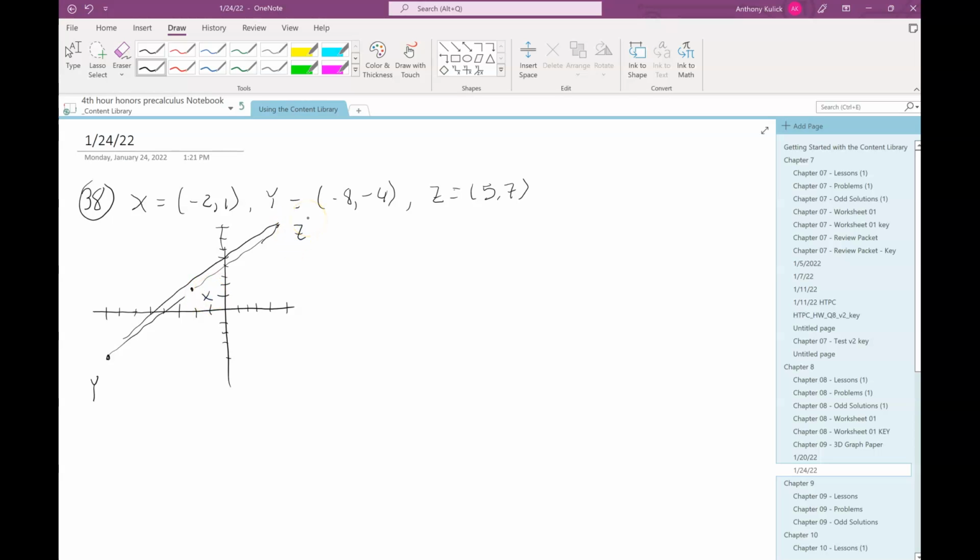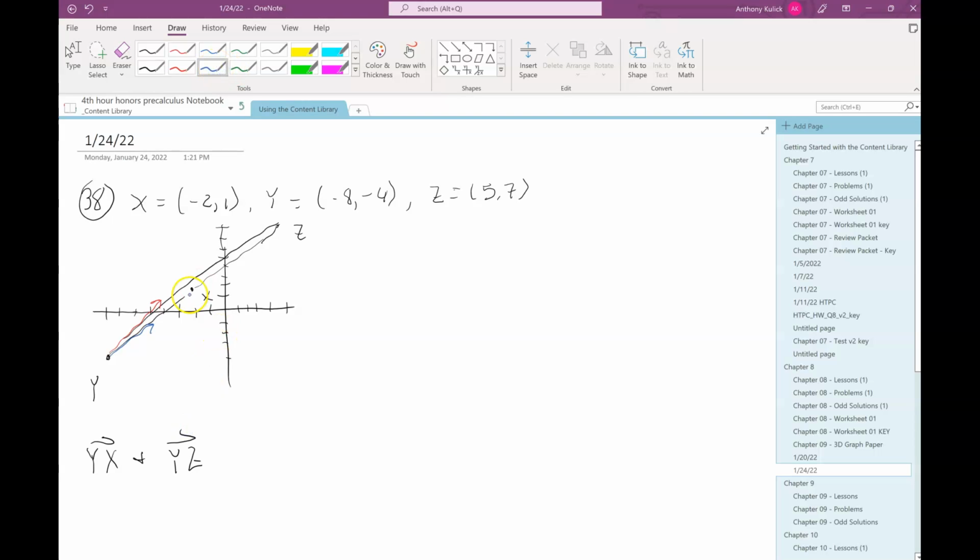So what I need to do is I need the angle between this vector and this vector. So I need yx and yz.